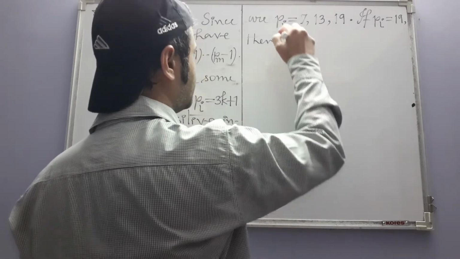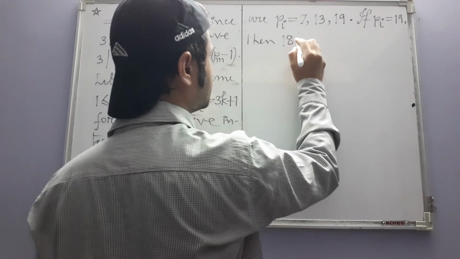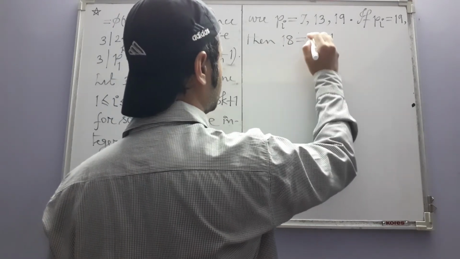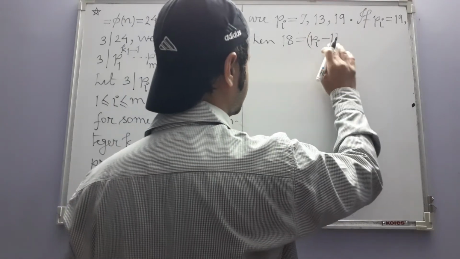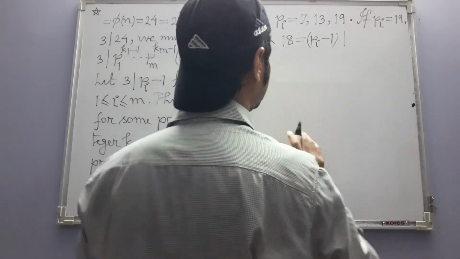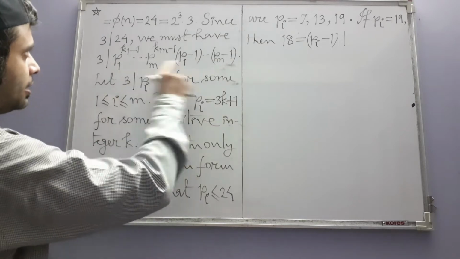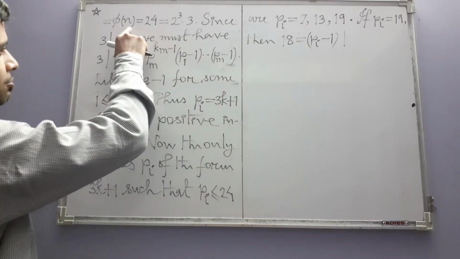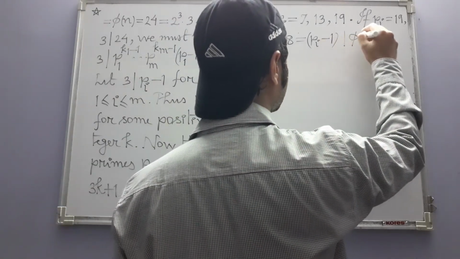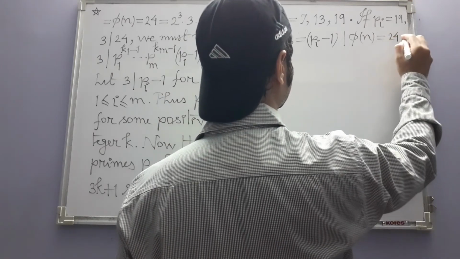So we can directly write 18 divides, or we can actually show also what 18 actually is in this context. 18, which is pi minus 1, divides this thing, which we are not again writing, but in its place we write phi of n, because this is what phi of n is, and that is equal to 24.